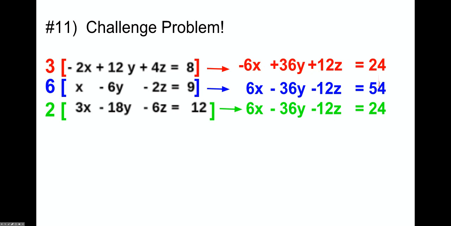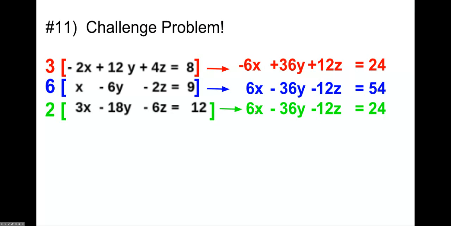But the 24 and the 54 are different. They are not going to cancel out. So you could probably guess what the answer is going to be already. You can take the bottom equation and look at it with the top or the middle. No matter which two you grab at a time, everything will cancel out.